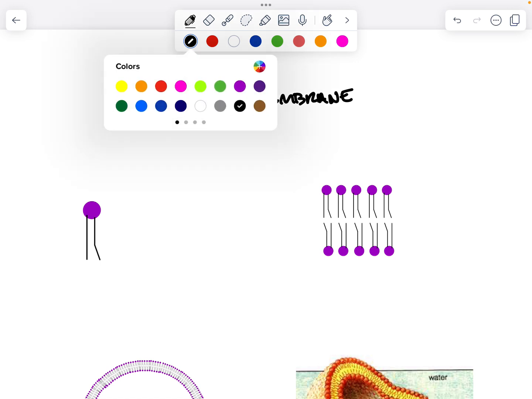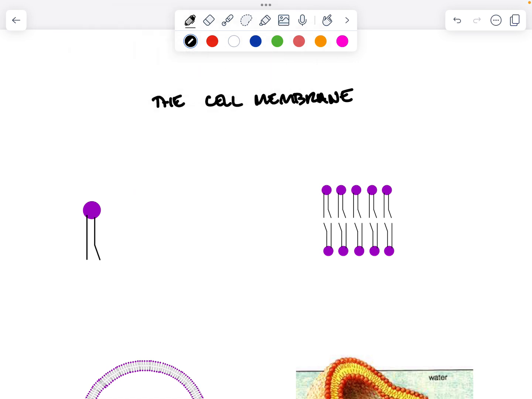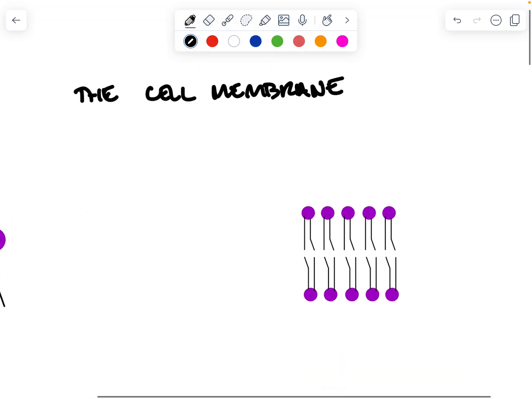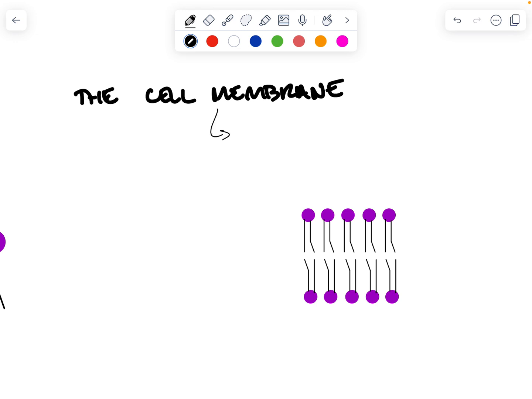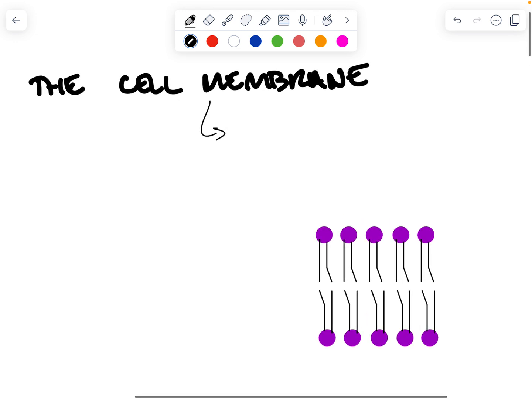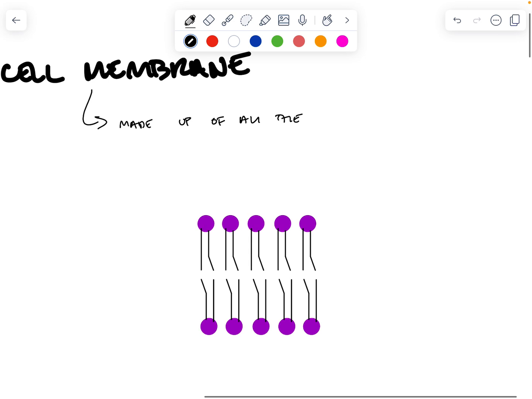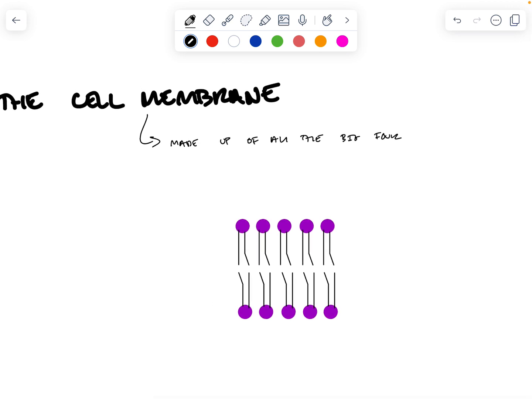So the first thing that we're going to talk about is what creates the cell. Well, it's the cell membrane. The cell membrane is made up of all of the big four. But primarily, the major component of the cell membrane is fats and lipids.